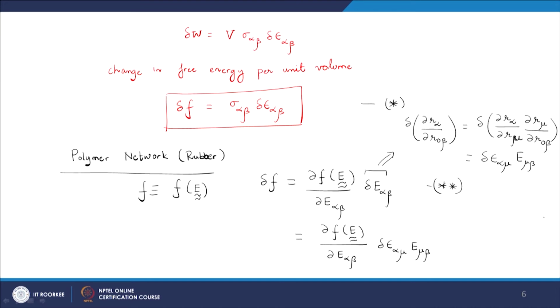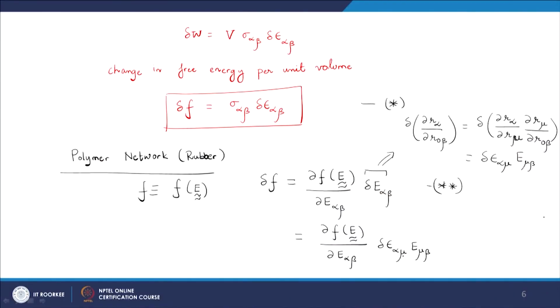Okay. So, now I can compare these two because both of them now contain the strain tensor epsilon. The only problem here is this has an index of alpha mu and this one has an index of alpha beta, but keep in mind that both of them are essentially dummy indices.